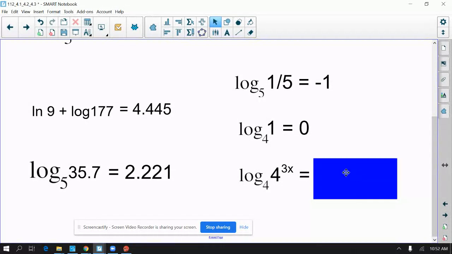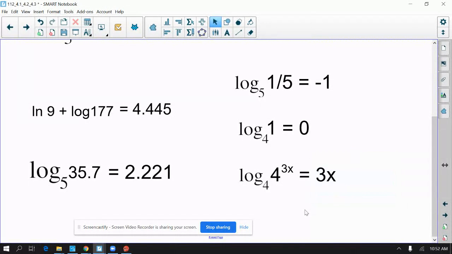This is impossible to do in a calculator since our calculators can't receive x, an unknown. So what exponent would go on the base 4 that would result in this? Well, I hope you can see that it is 3x, because if I take 4 raised to the 3x, I will get 4 to the 3x.